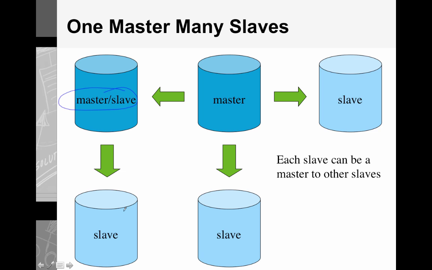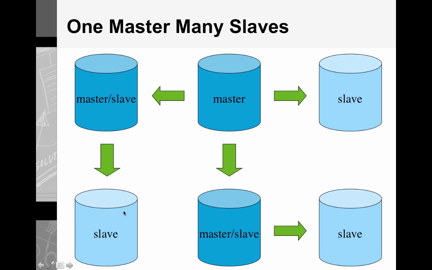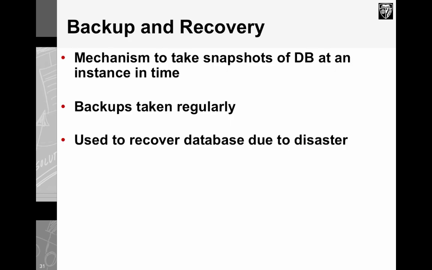So there are many different kinds of combinations that can be done. Different databases support this in different ways. But the point I'm trying to make is you can have a pretty complicated tree of master-slave relationships. You have to make sure that you don't get into a cyclic graph, but as long as it's a graph or a tree, you're good to go.